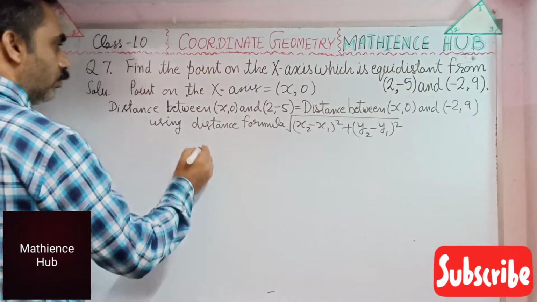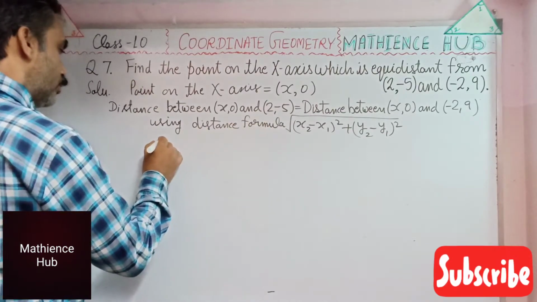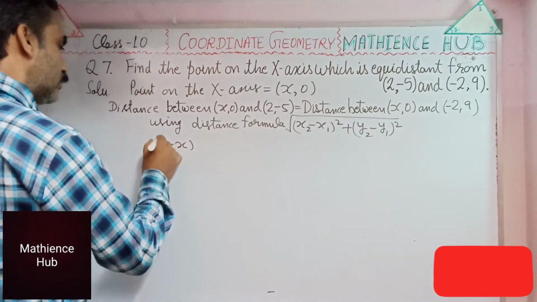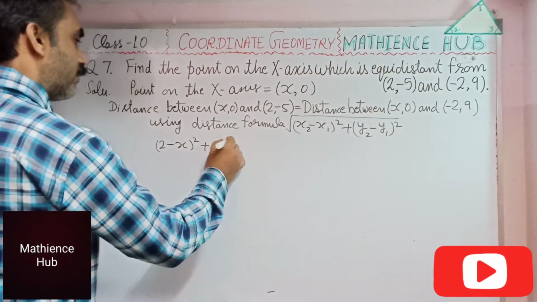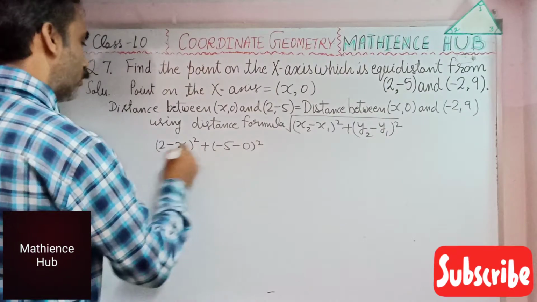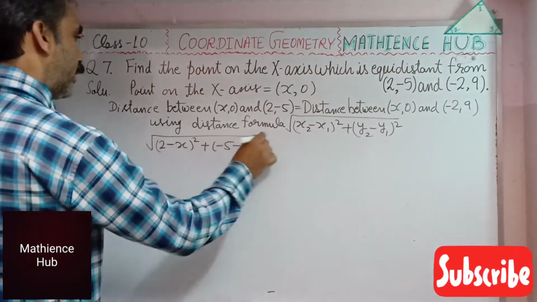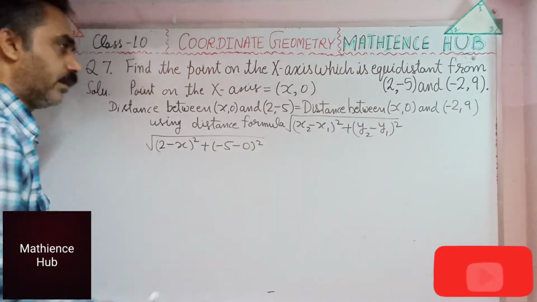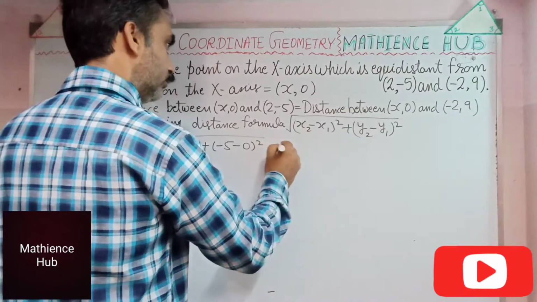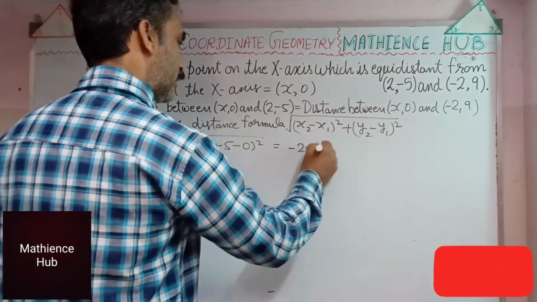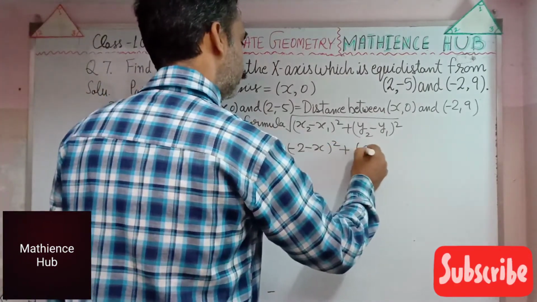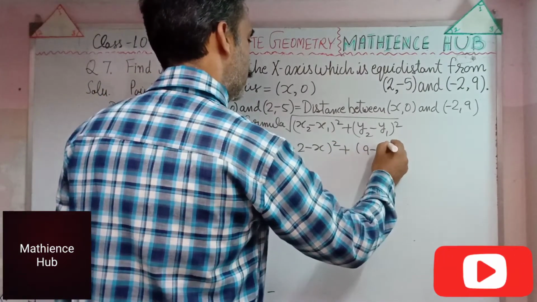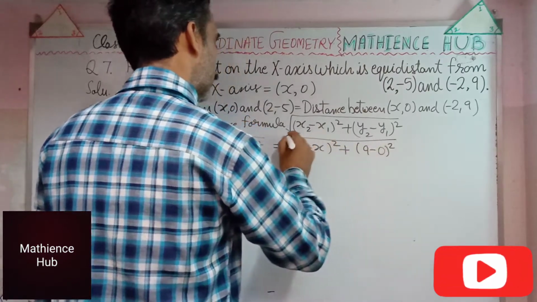Putting the values: (2 minus x) whole square plus (-5 minus 0) whole square on the left hand side. Now the right hand side: (-2 minus x) whole square plus (9 minus 0) whole square.